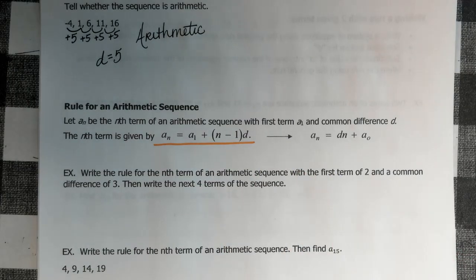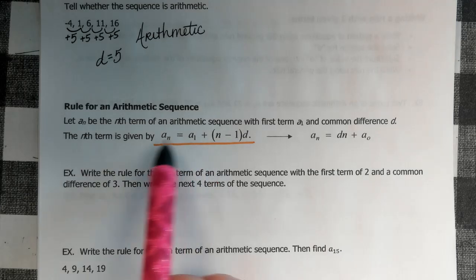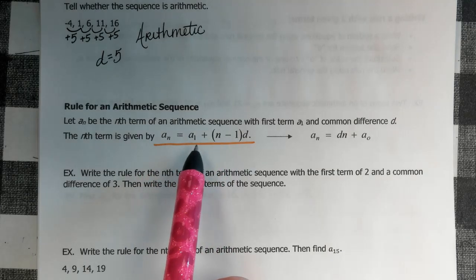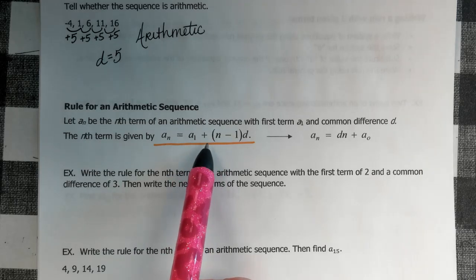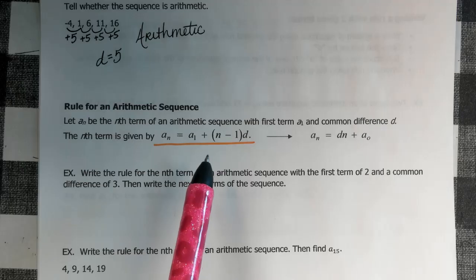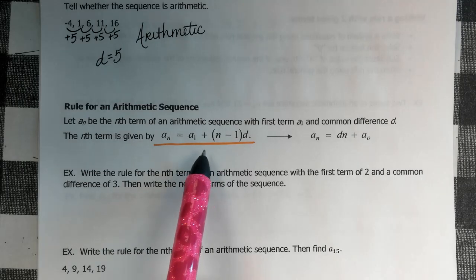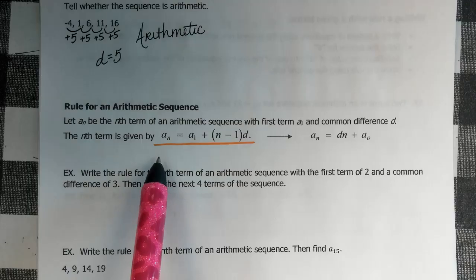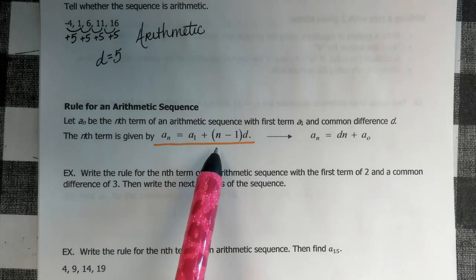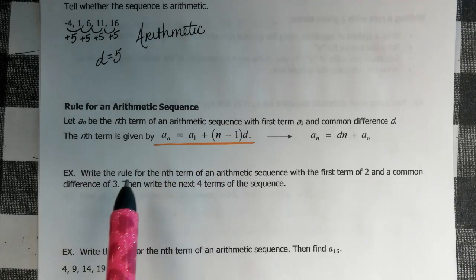If you Google or search or use a book, that's what is going to pop up. Here, A1 is your first term in the sequence, so your first number. N is the position in the sequence, so it's kind of like X. D is your common difference. A sub n is any term, so if n is similar to x, a sub n is similar to your y.